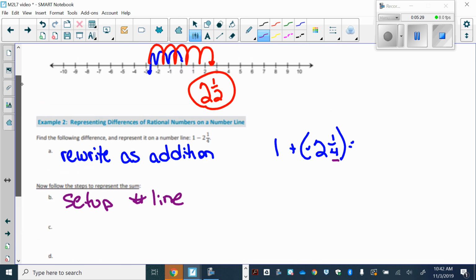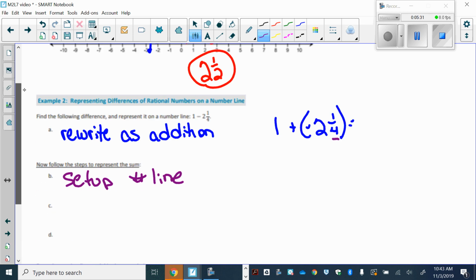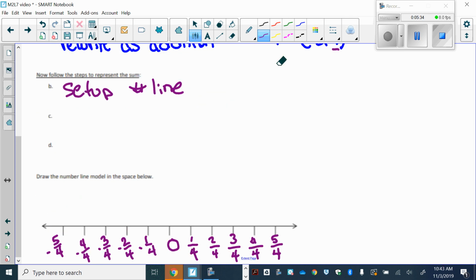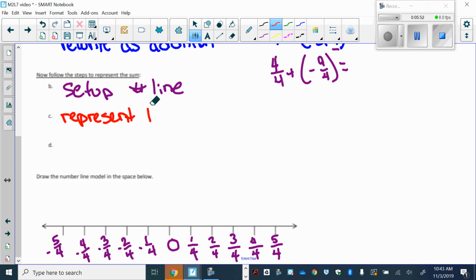I'm going to come back up here. And I want my numbers to also go with the fourths. So I have 4/4 plus negative 9/4 equals something. Now I'm going to represent my first addend on the number line. So I'm going to go to the 4/4.